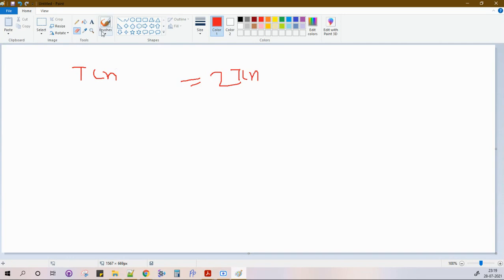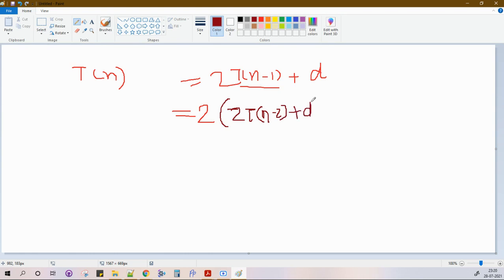We have t of n is 2 times t of n minus 1 plus d. Now what will happen if I put the value of t of n minus 1? It will look something like this: 2 times t of n minus 2, plus d, which I am having already.